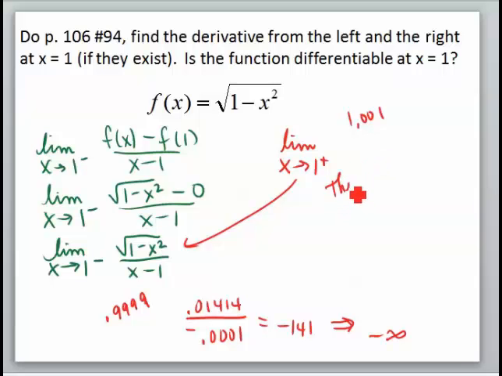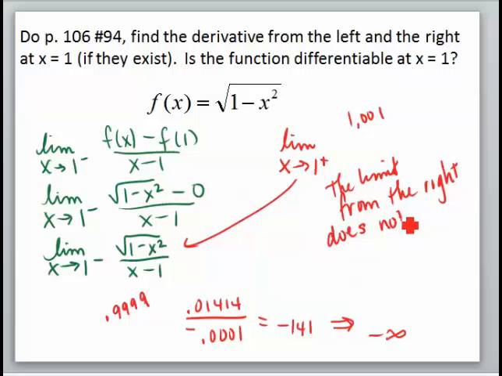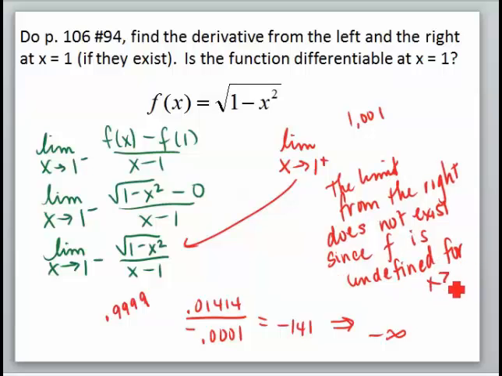So the limit from the right does not exist since f is undefined for x greater than 1. Therefore, this is not differentiable at 1. I could have even figured that out back here. That is not differentiable, but I wanted to go ahead and discuss the limit from the right.